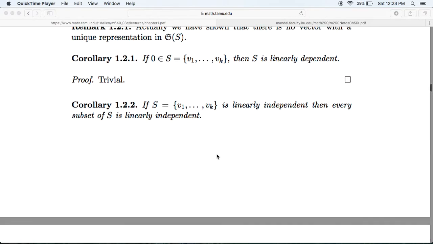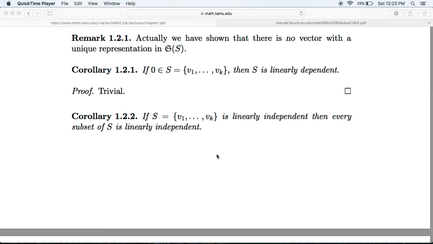Now what do we mean by linear independence? A set S of this form is linearly independent if the only way to write a linear combination of these vectors as a 0 vector is by taking all the coefficients to be 0.